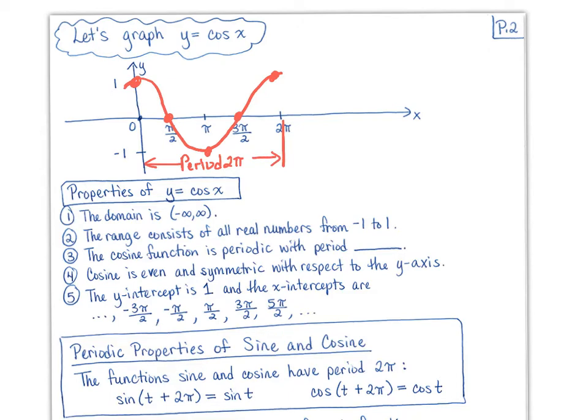You can finish graphing, or you can graph more of the function if you like, and it'll look like so. This point would be 5 pi over 2. This point would be 3 pi. This is negative pi over 2. And this is what? Negative pi. Good.